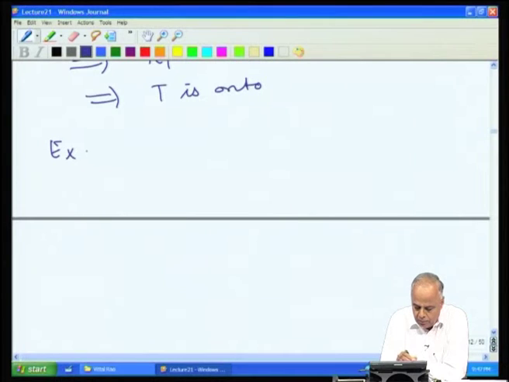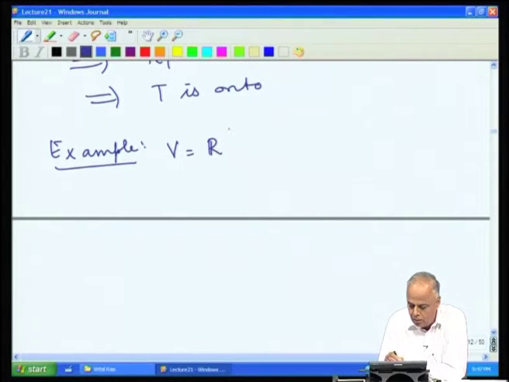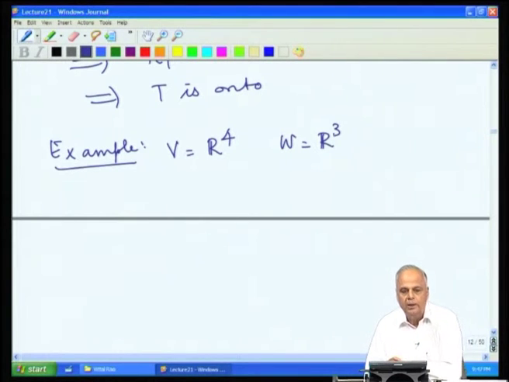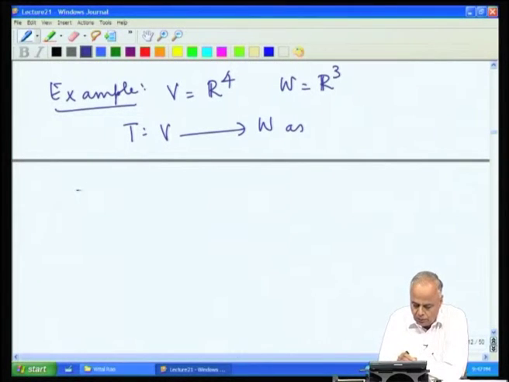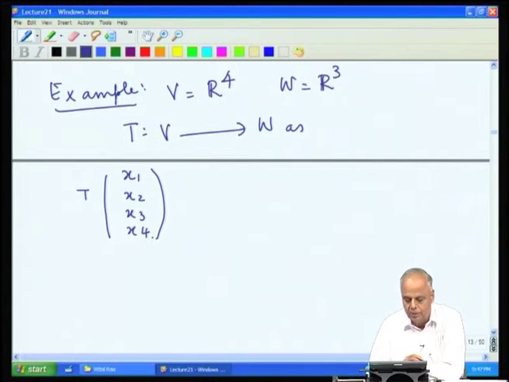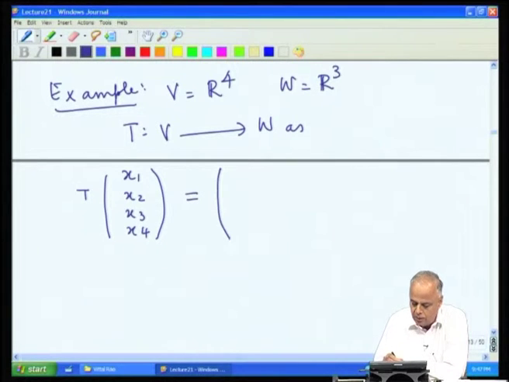Let us take another example. Let us take V to be R 4 and W to be R 3. Now, notice that the dimension of V is strictly greater than the dimension of W. Now, we define T mapping V to W as, what should T do? It should take a vector in R 4, say x 1, x 2, x 3, x 4, and map it to a vector in R 3, so, let us say x 1, x 2, x 3.